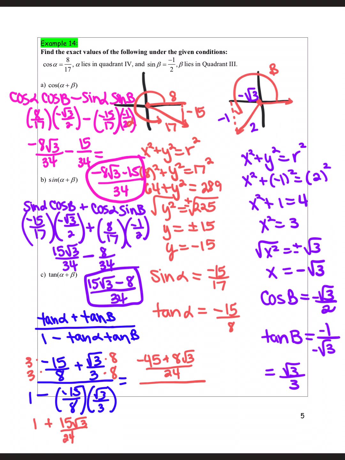If I get a common denominator of 24, that will be 24 plus 15 square root of 3 all over 24. And notice the 24s cancel out, so my final answer here will be negative 45 plus 8 square root of 3 divided by 24 plus 15 square root of 3.